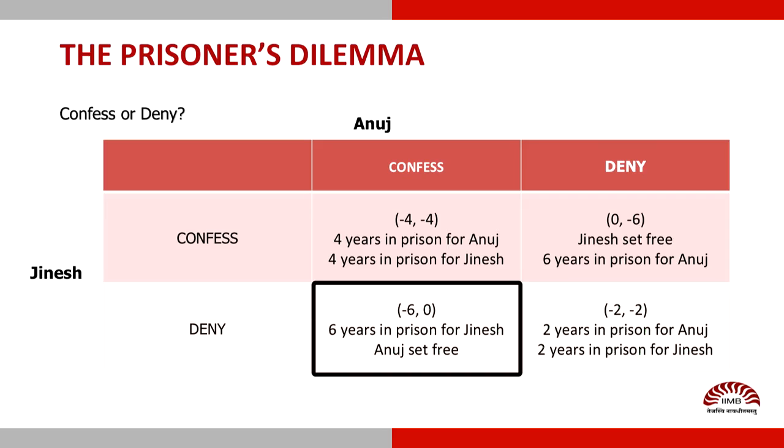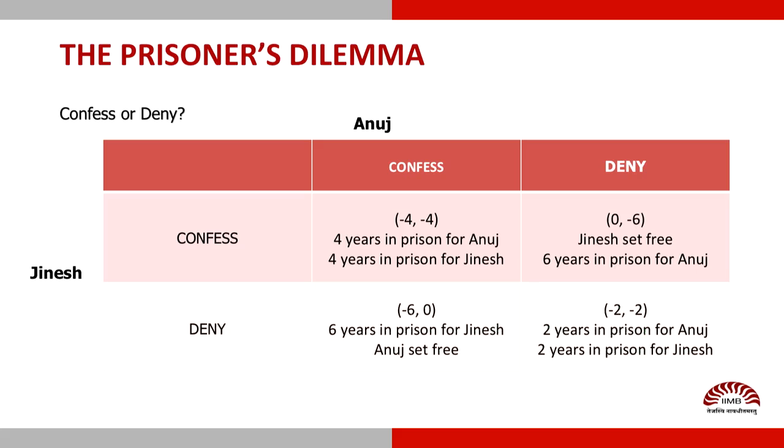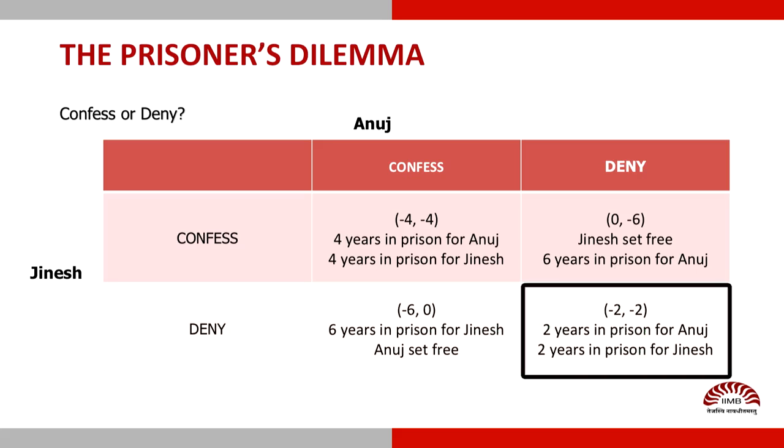Similarly, the other way around, if Jinesh denies and Anuj confesses, then Anuj is going to get 0 years in jail, whereas Jinesh will have to put up with 6 years of jail. And finally, if none of them confess, they both deny, then they will get away with just 2 years in jail each, because there is not sufficient evidence to convict them.